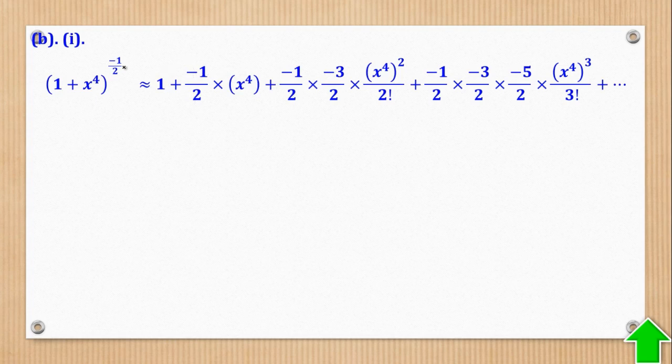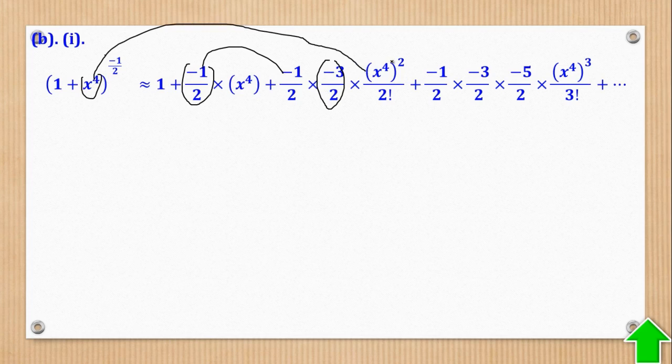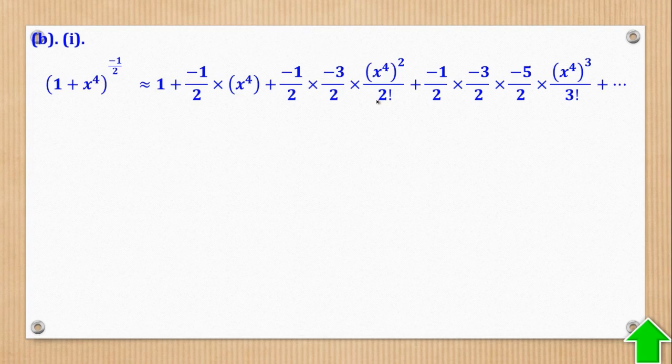Then the third term, first write the power, then reduce the power by 1. So reduce this one by 1. Negative a half minus 1 gives you negative 3 over 2. Then after that, come and get this one, put it here and raise it to the power 2 over 2 factorial. Then use the same procedure for the next. So we are going to first write these two terms. Then the next term will be got by getting this minus 1 to give you that.